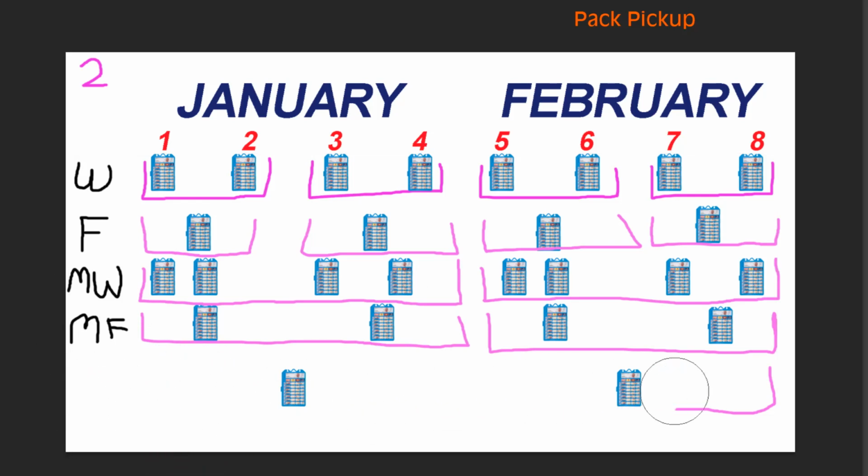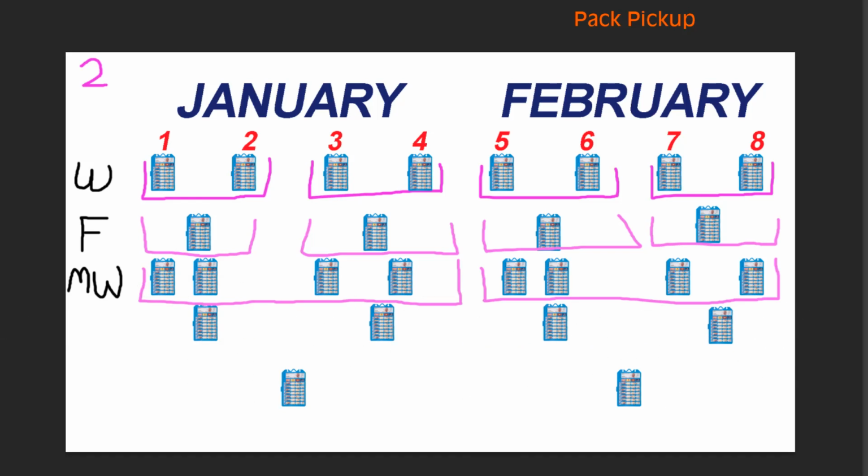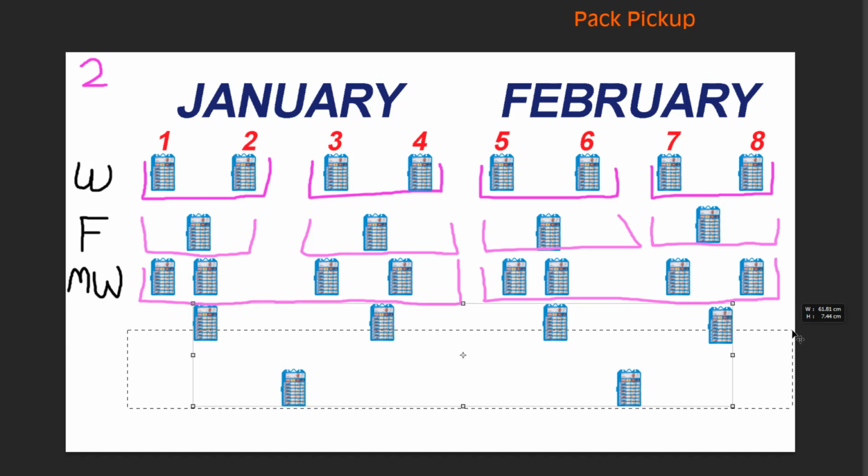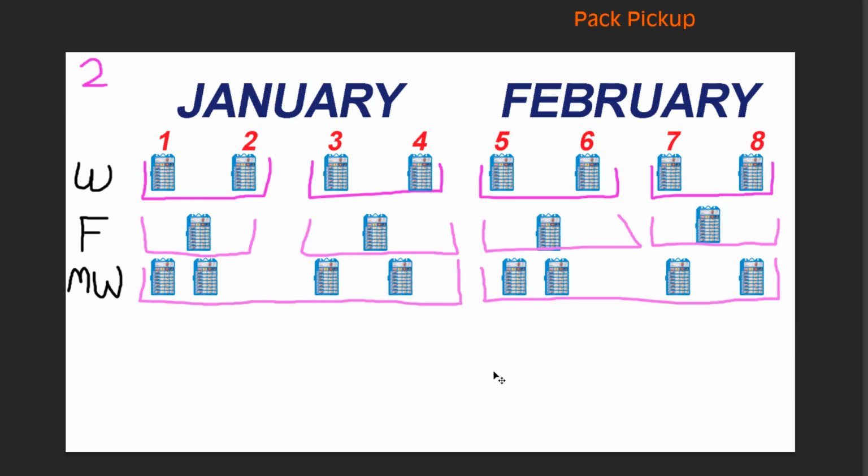Let's just get rid of this guy down here. Let's just clear some of this out. Okay. Now, right now we're talking about a basic patient, a weekly patient. The pharmacy packs 2 weeks at a time, and 2 packs are created.